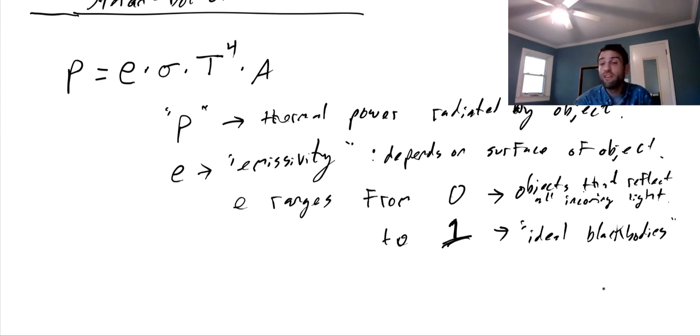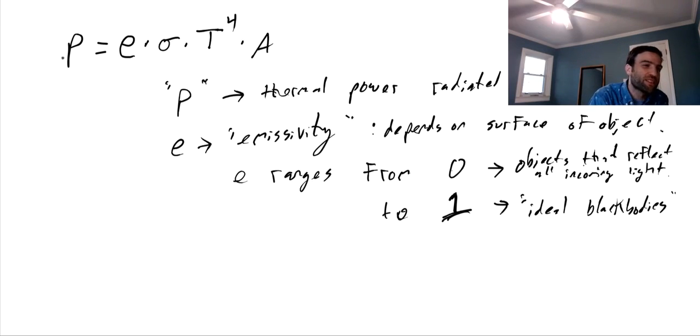And so in the visible part of the spectrum, objects that reflect all incoming light appear as if they're white. And objects that reflect all incoming light throughout the spectrum often have a kind of shiny appearance to them. And so low emissivity things tend to be shiny metals, for instance.